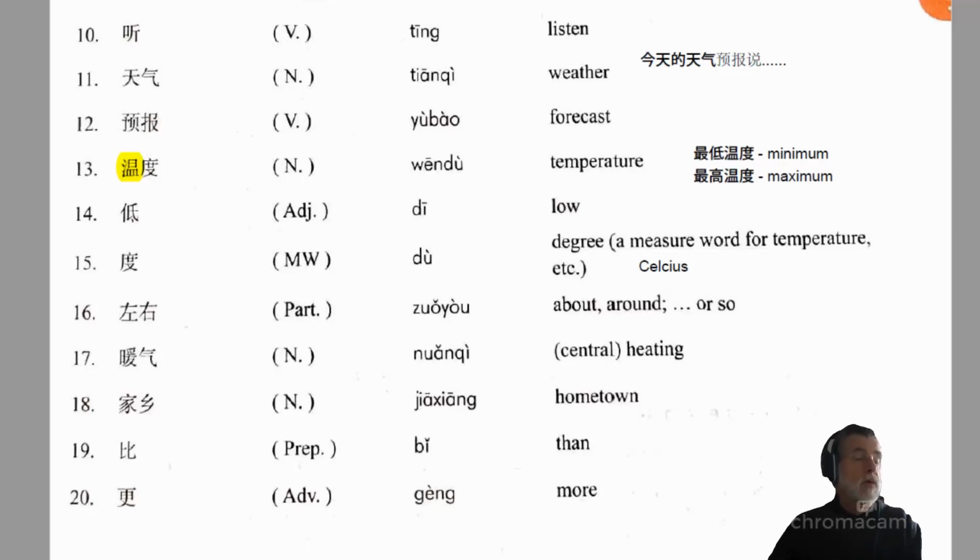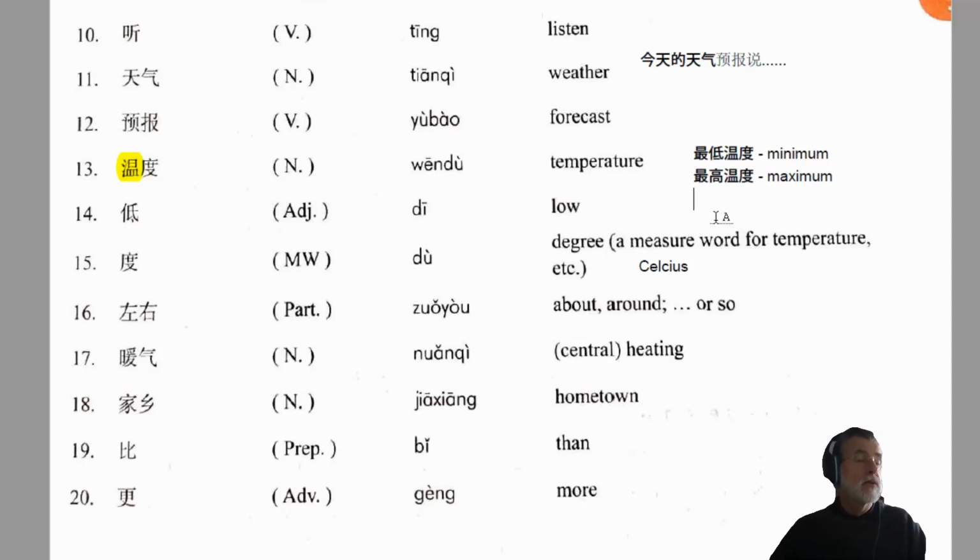So one way they would say it is, for example, 今天的天气预报说最低温度10度，最高温度20度. So they use the 度 with a number before it to express how many degrees Celsius.